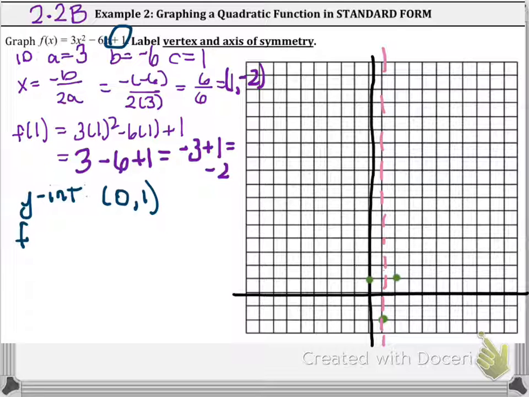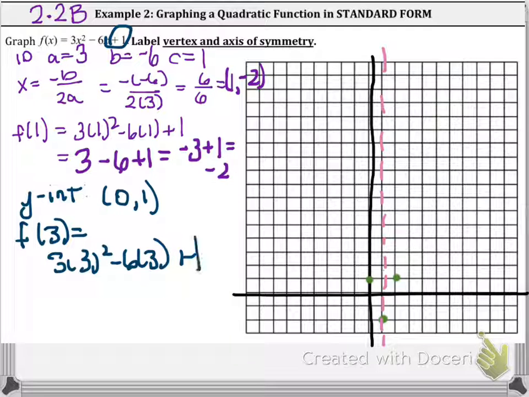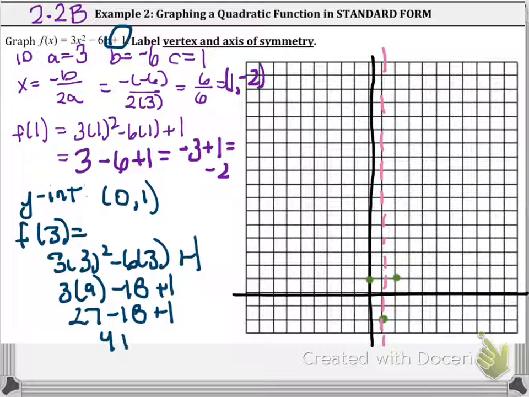Let's plug in f of 3, our other x value, to find out what the y value is. So that's 3 times 3 squared minus 6 times 3 plus 1. This is 3 times 9 minus 18 plus 1, or 27 minus 18 plus 1, 9 plus 1, which is 10.